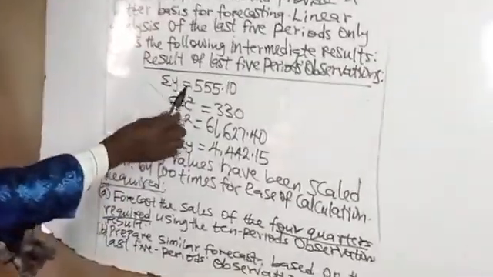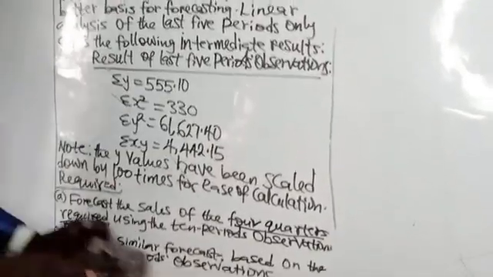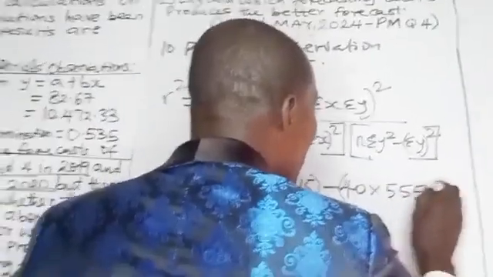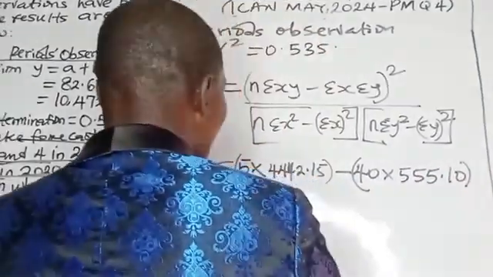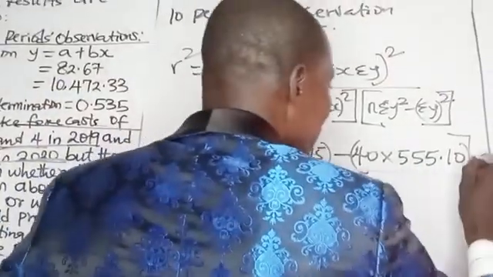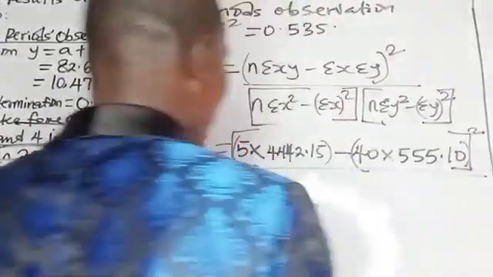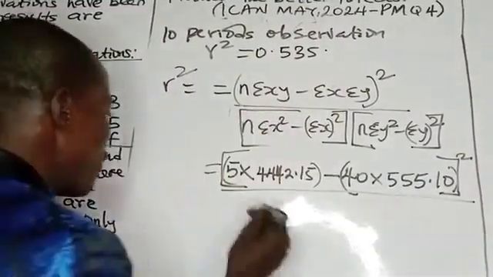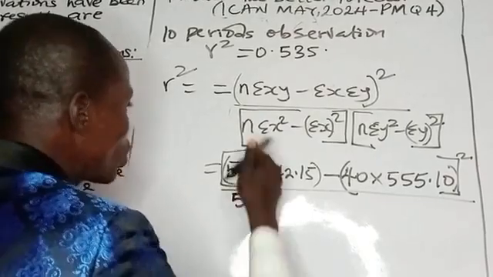Summation y is 555.10. Everything here we square, over n, our n is 5, 5 times summation x squared.